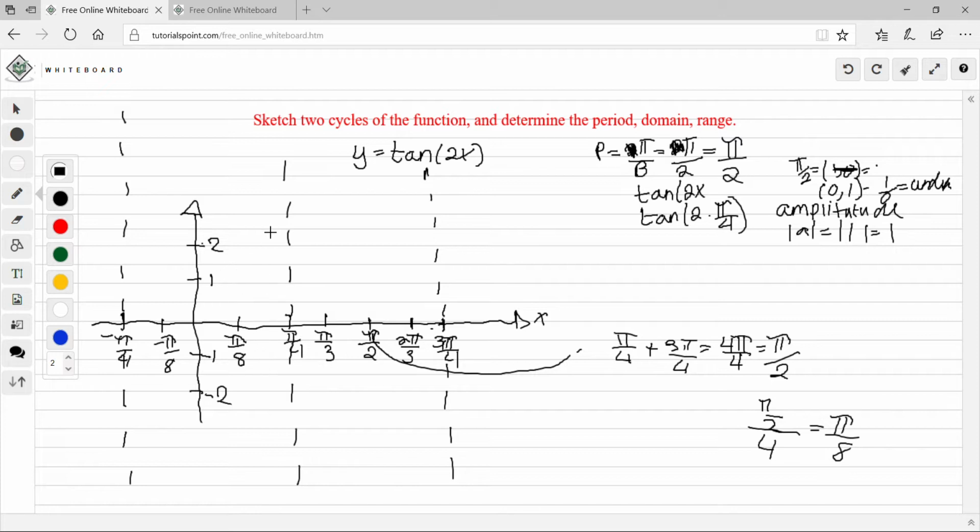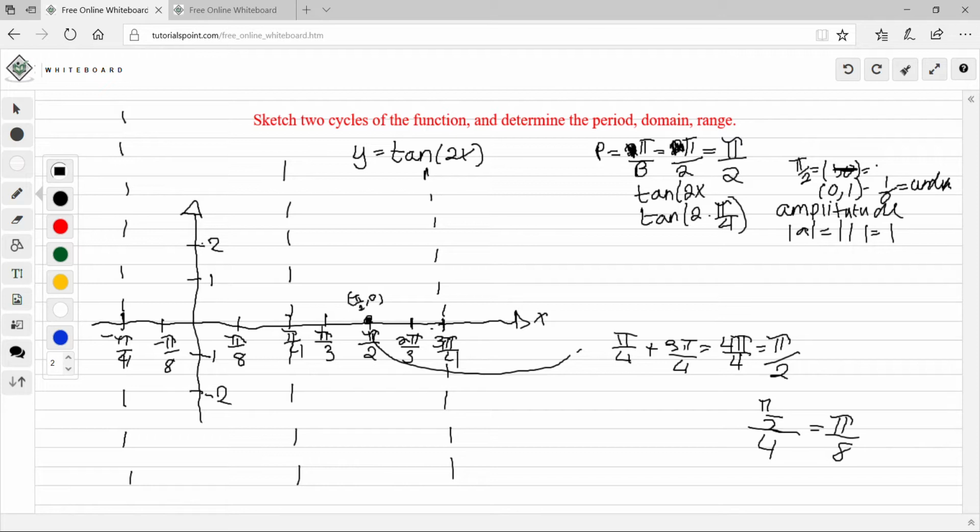So, okay, now we found our critical points. Now we just gotta find our y value. So when you plug in pi halves into the function y equals tangent 2x, you get a y value of 0. So right here, you're going to have pi halves, comma 0.